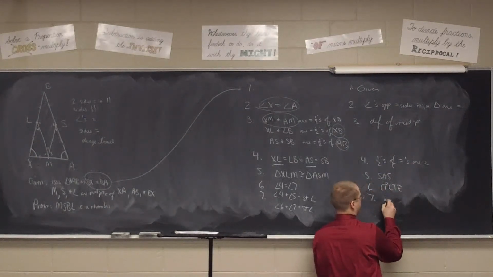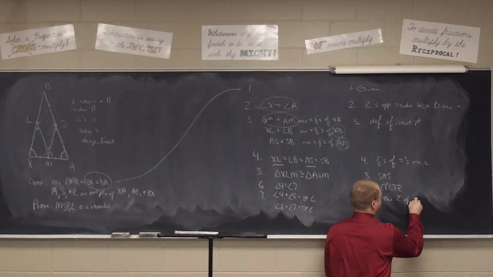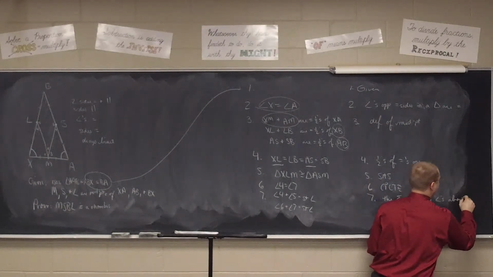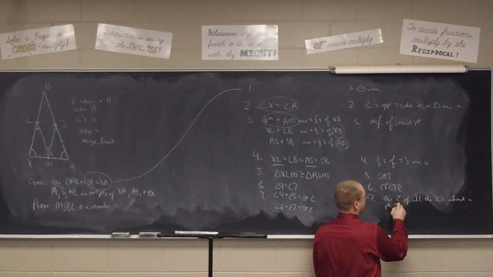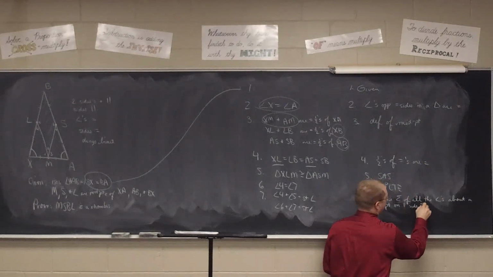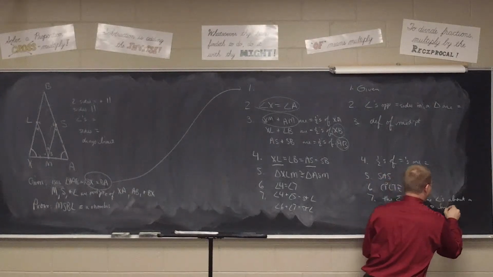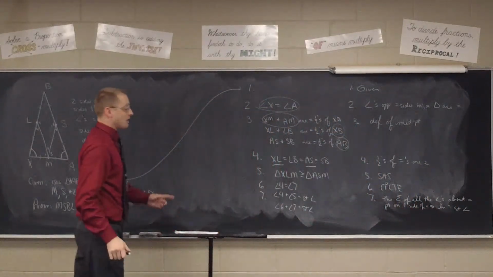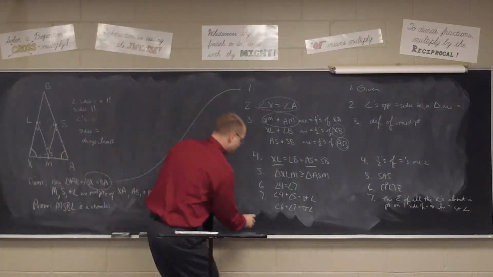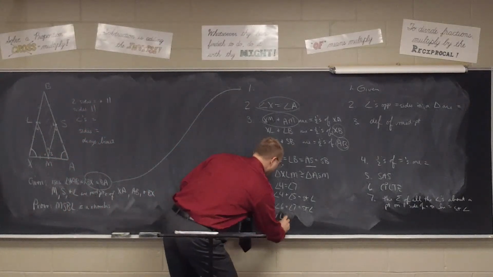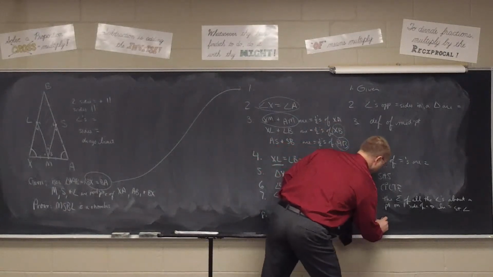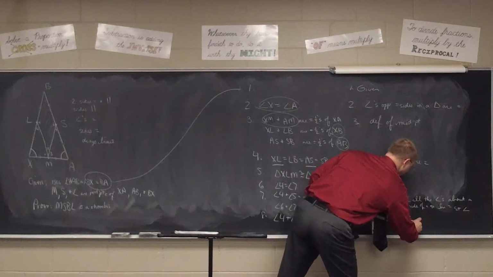How about the sum of all the angles about a point on one side of a straight line equals a straight angle? Informal statement 10. And because all straight angles are equal, number 8, we could say that angle 4 plus angle 5 equals angle 6 plus angle 7, because all straight angles are equal.